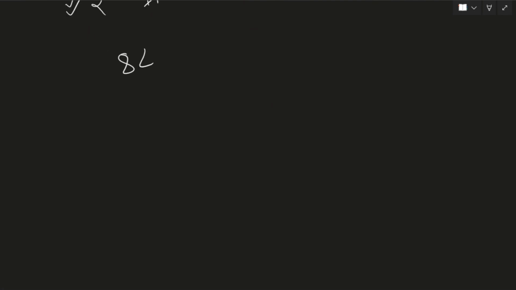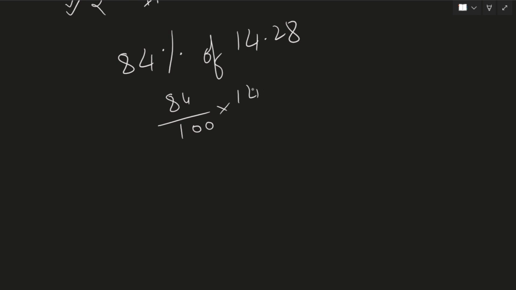That is 84% of 14.28. In order to solve this, in general method, we will write as 84 by 100 into 14.28. So solving it in this method becomes complex for us.